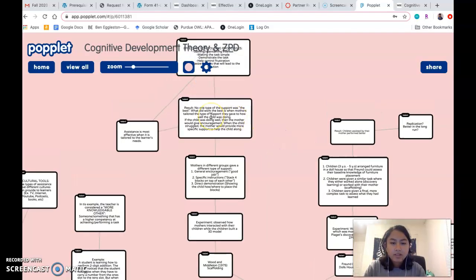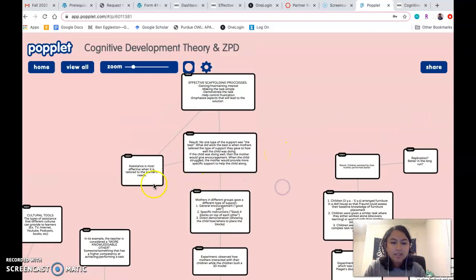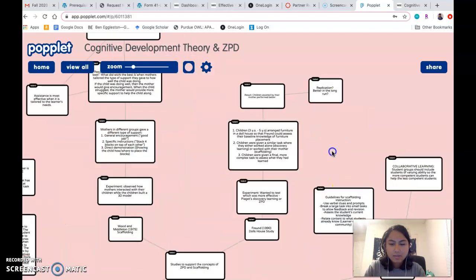The result of this study was that no one type of support was the best. What did work the best was when mothers tailored the type of support they gave to how well the child was doing. If the child was doing well, then the mother would give encouragement. When the child struggled, the mother would provide more specific support to help the child along. In this sense, assistance is most effective when it is tailored to the learner's needs.